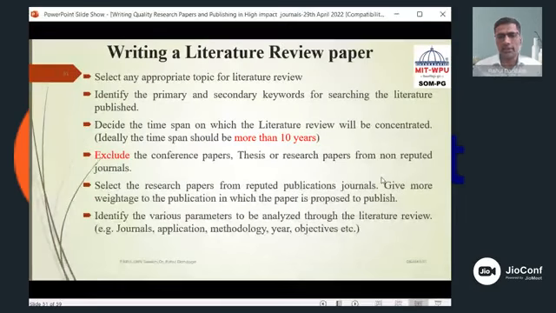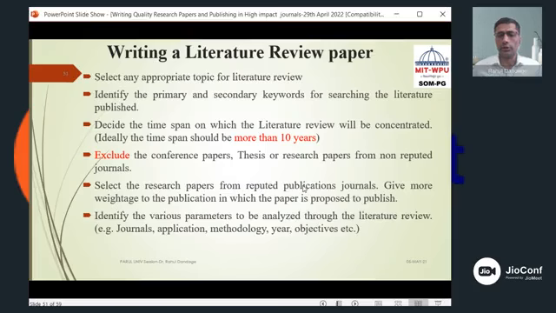If we want to write a literature review paper, basically we should go for identification of primary and secondary keywords, which will give us multiple papers and articles published in that area. For a literature review, we should consider at least 10 years of span. Conference papers, theses, blogs, and website articles we should exclude.